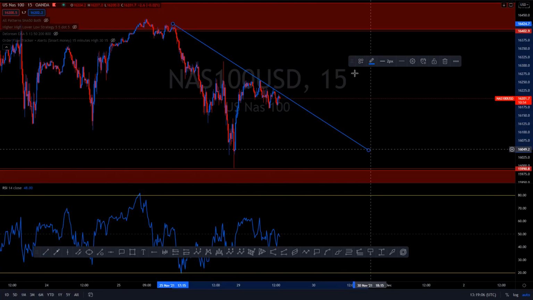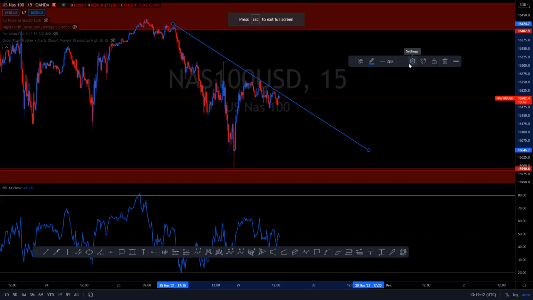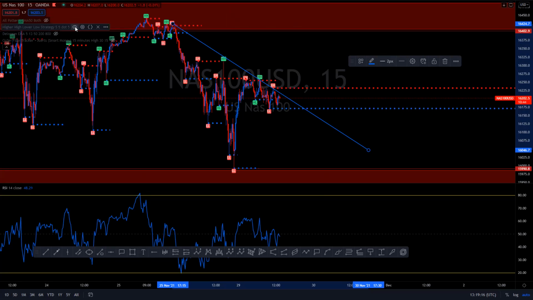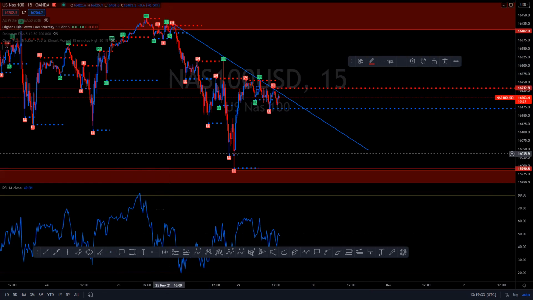Now, the very next thing that I like to do to identify the trend for sure is to turn on my higher high and lower low strategy, because in order for me to know 100% which way price is going to go next, I want to identify break and retest.